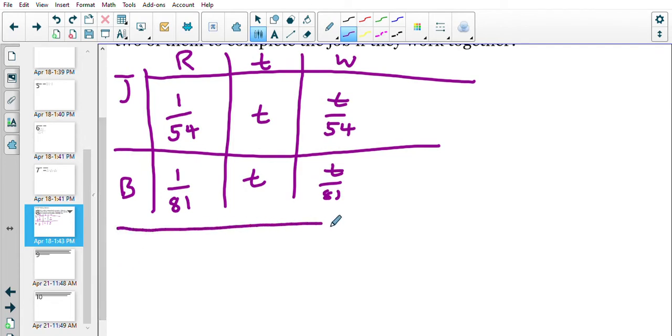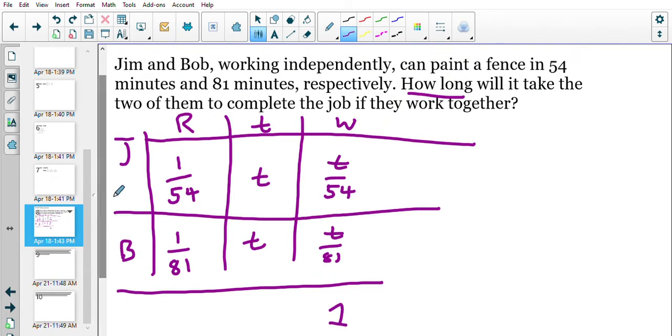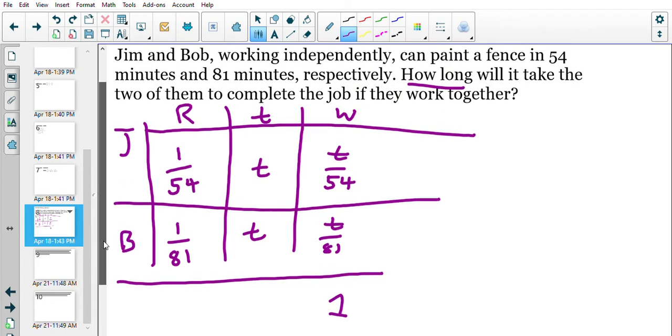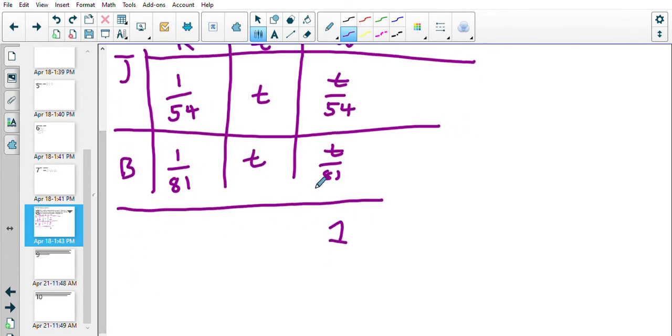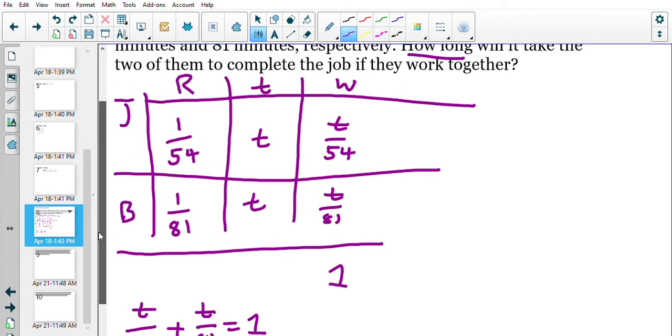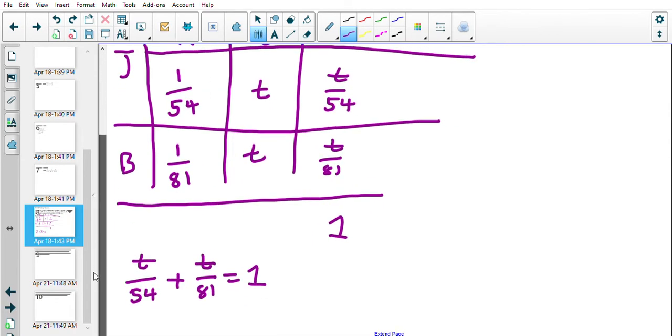And then we know that altogether they complete one fence, right? How long will it take for them to paint one fence if they work together? So in other words, Jim's work, t over 54, and Bob's work, t over 81, altogether equals one job done, one fence painted. And we're trying to find t. How much time did that take?